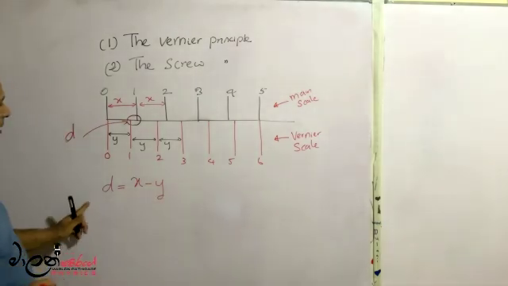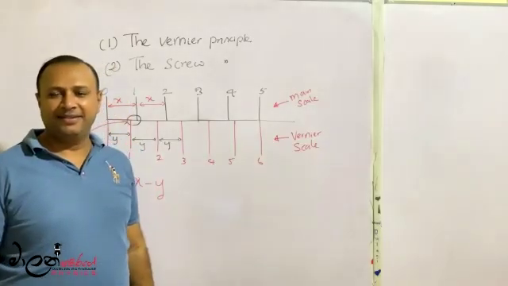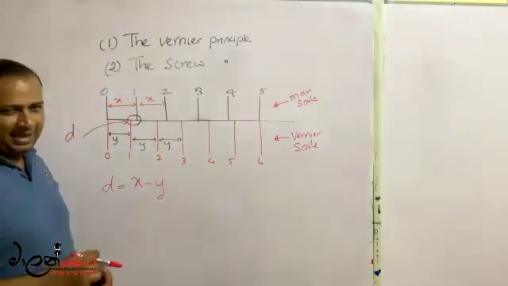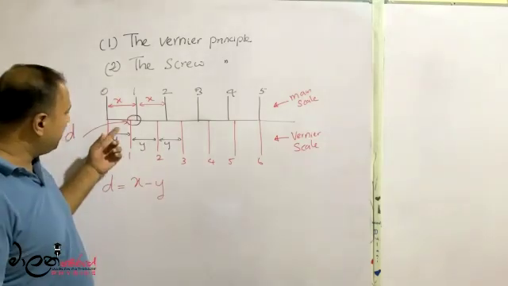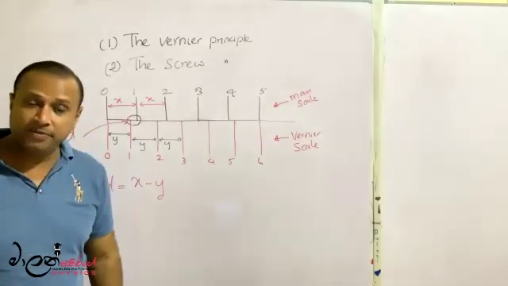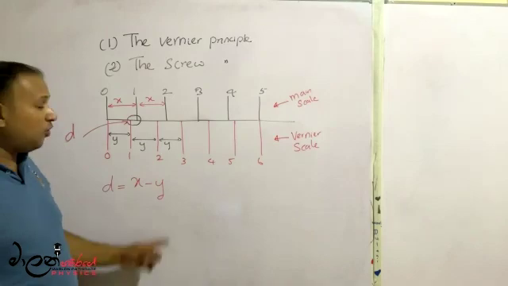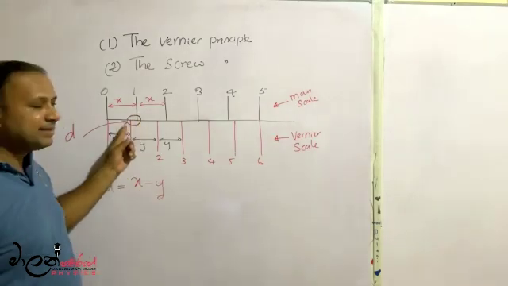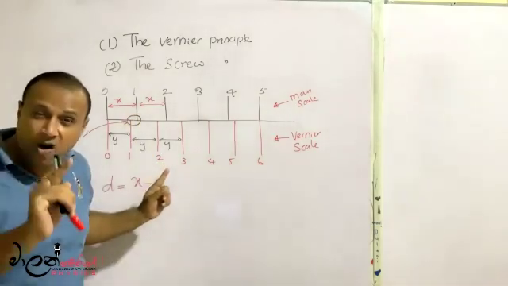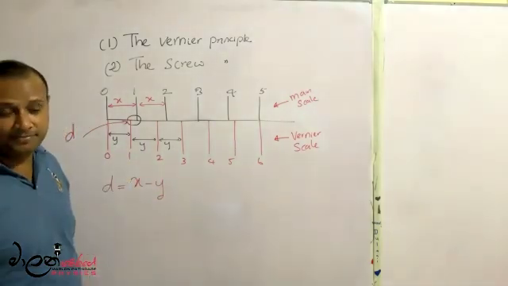So you can determine this gap. Actually, you cannot determine this gap directly, but you can measure that gap. That means you can determine this gap. So this gap is the smallest gap of this instrument that can be measured.